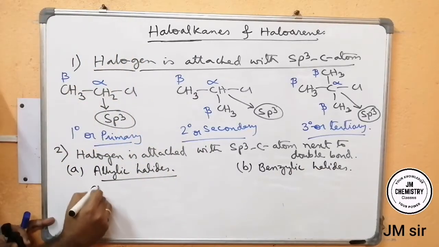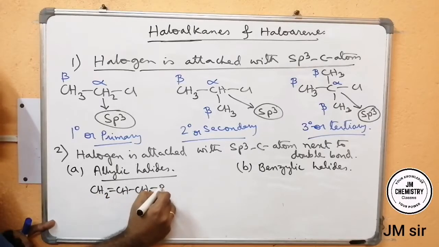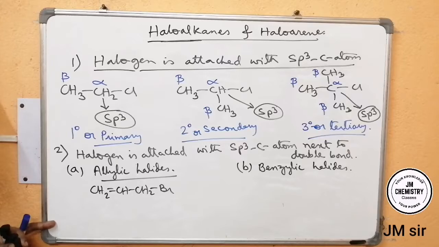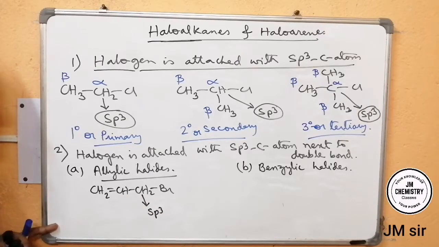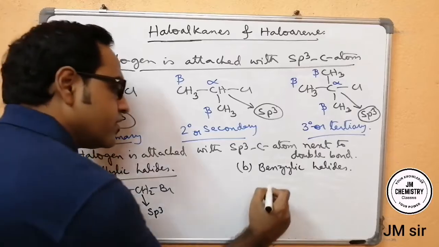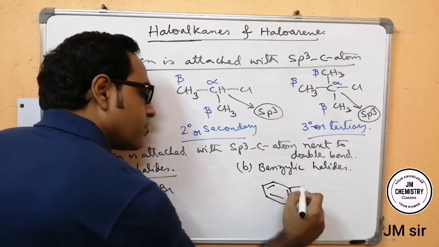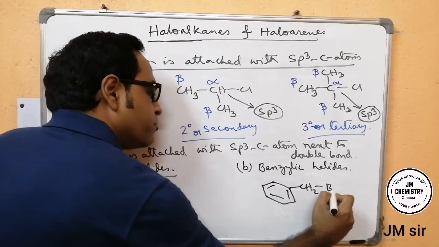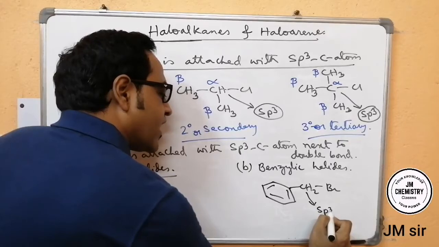Now allylic halides, CH2=CH-CH2Br, this is allylic halides. Here the carbon atom is sp3 hybridized, the alpha carbon. Benzylic, C6H5-CH2Br. Here this carbon is again sp3 hybridized.